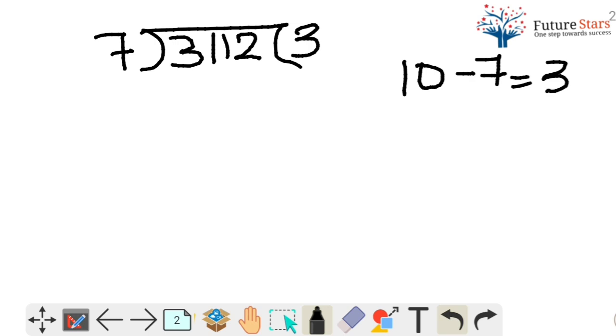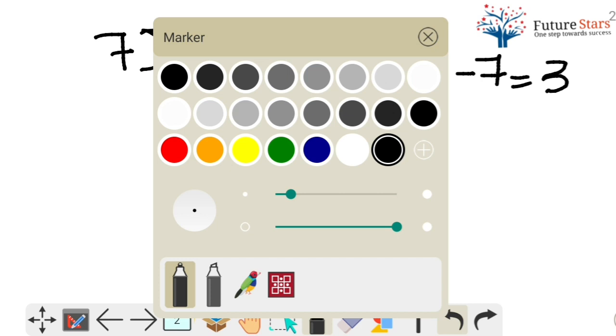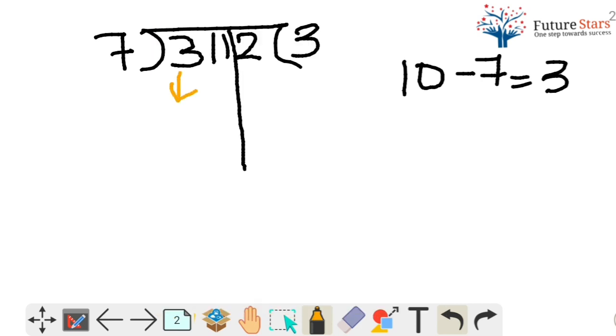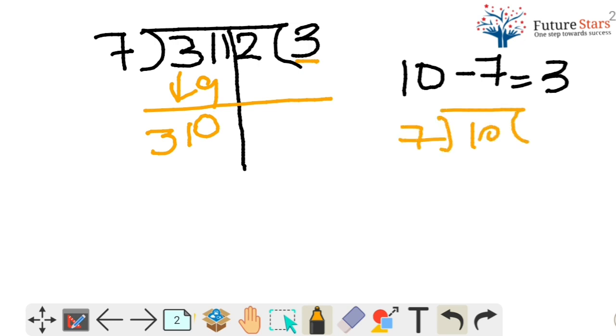So we will write 3, make a block leaving the last digit. Now copy the 3 as it is. 3 into 3 is 9, we will get here 10. We cannot write 10, so divide 10 further. You will get 1 as quotient and 3 as remainder.